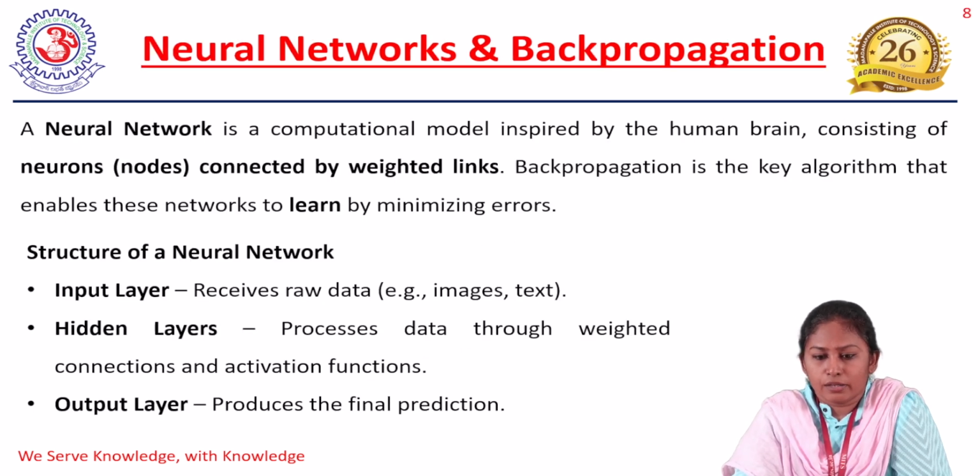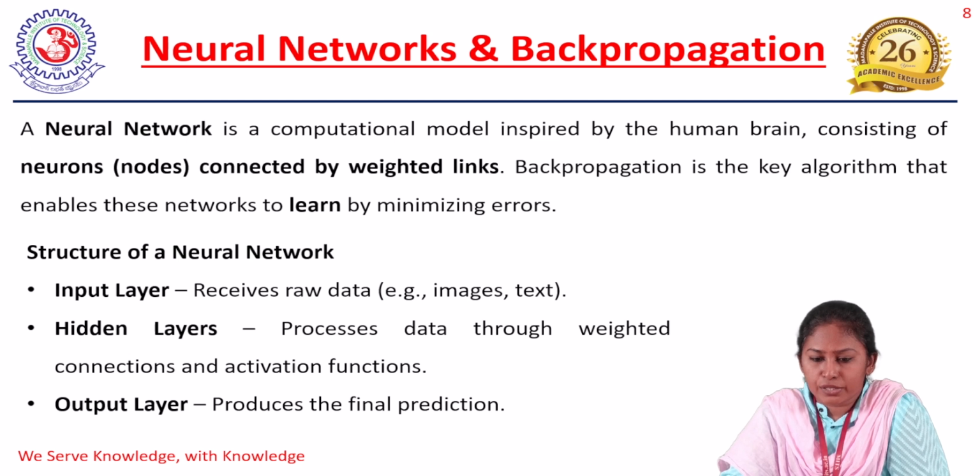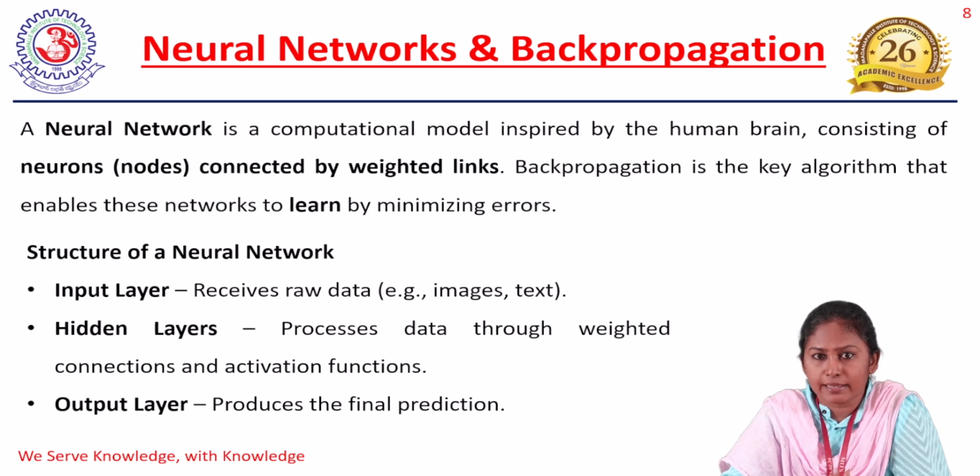So next, neural networks and backpropagation. Before getting into the backpropagation, we have to know a little bit about neural networks, right? As we have seen in the third slide of our PPT, this neural network consists of a set of layers where the input layer receives the raw data, which is in the form of an image, a text, or any audio, video, whatever it may be.